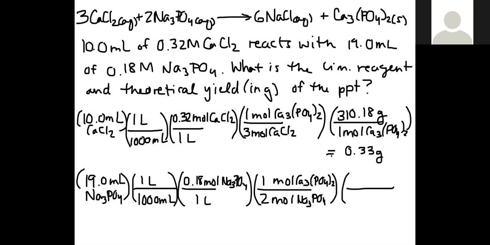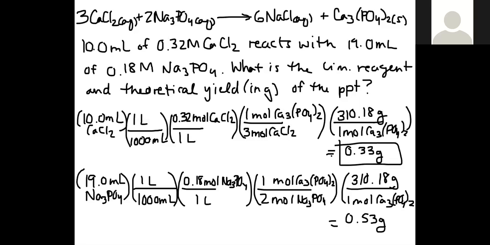And the same molar mass. And that gives us 0.53 grams. What's my theoretical yield? 0.33 grams. That's my TY. What's my LR? Calcium chloride is my limiting reagent.